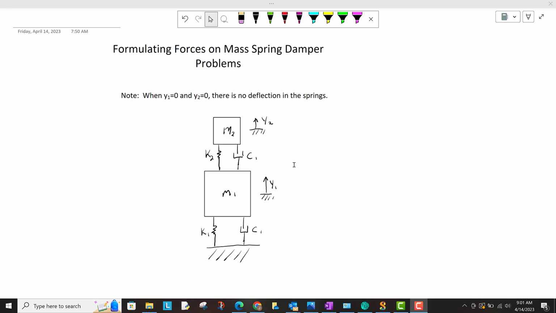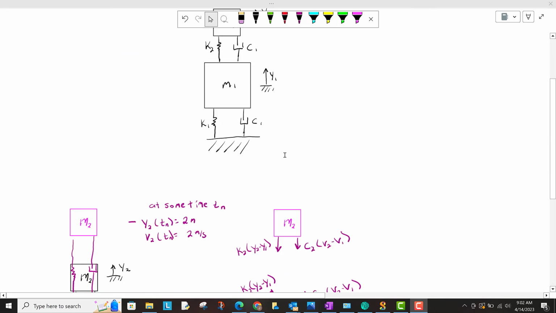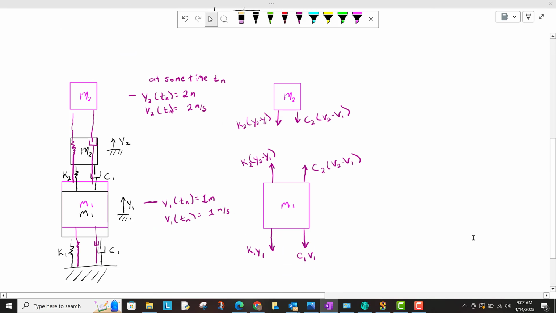acting on the masses. In order to formulate the forces, I suggest drawing the system in some semi-arbitrary state. So in magenta, you see here mass 1 is drawn where its position has moved up to 1 meter relative to the origin. That means that spring 1 is stretched and is pulling down, so I drew the spring force down.